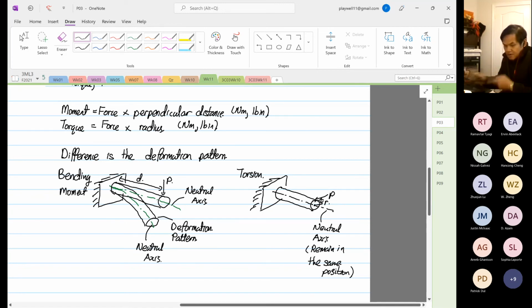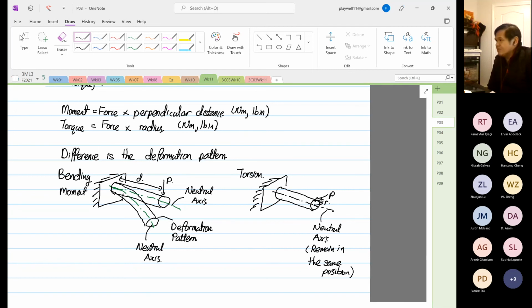A lot of times, as I said, I've been teaching this for a long time, this mistake is very common in identifying the bending moment. What is a bending moment? What is a torsion? You have to visualize the deformation. If you cannot visualize the deformation, you mix both of them up. That is why I don't want you to just plug in the formula.